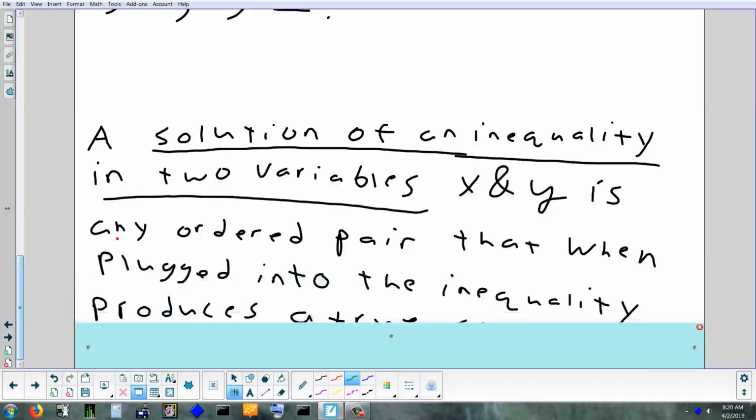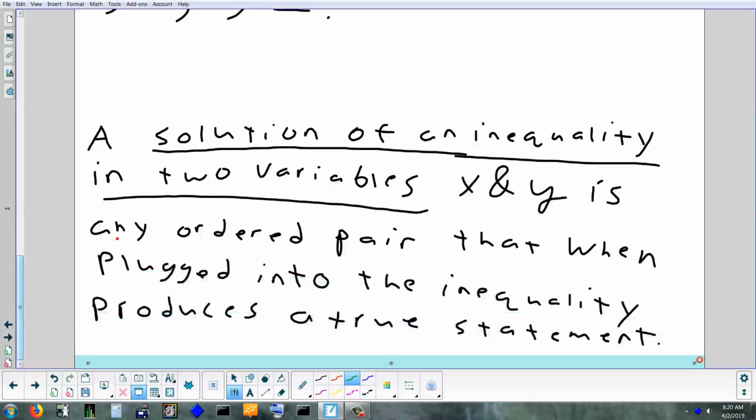Any ordered pair, such that when you plug it in, you get a true statement. Let me just show you guys 2x plus y is greater than 0. Okay. That's a linear inequality. Kind of set up like an elimination problem, where the x's are in a column, the y's are in a column, numbers on the other side.